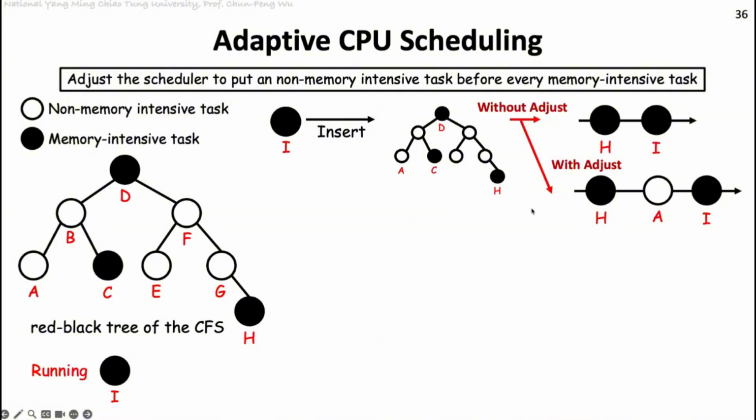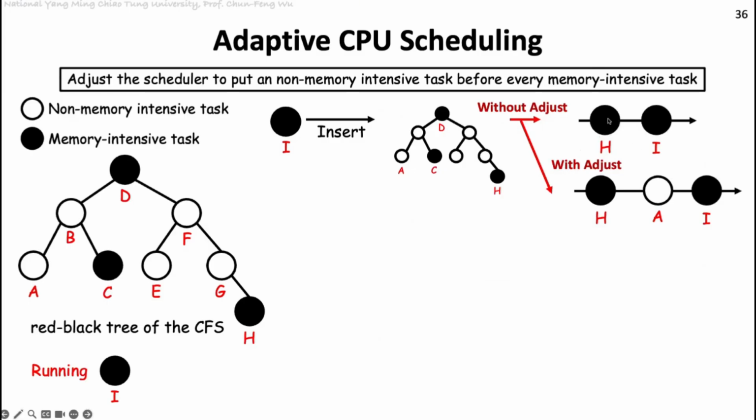Okay. So what's the reason here? The reason is that we don't want to schedule two memory intensive programs together. In this case, two memory intensive tasks will kick out too much memory, so it will make the working set contention super serious. A better way is to use one non-memory intensive task to alleviate the working set contention issue.